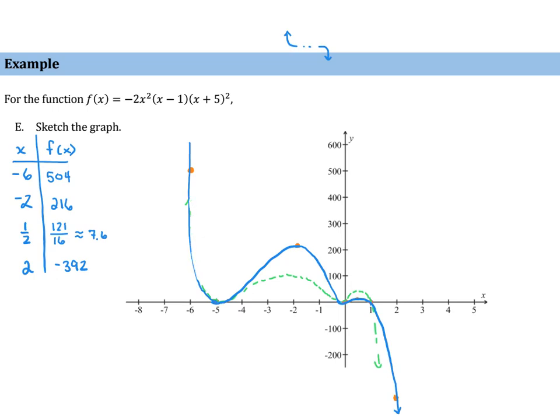I'll erase the green curve now. It's amazing, though, how much we could see without even plotting any additional points. That green curve matched pretty well.